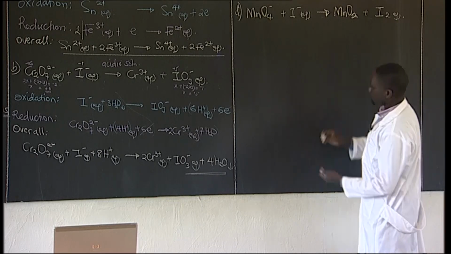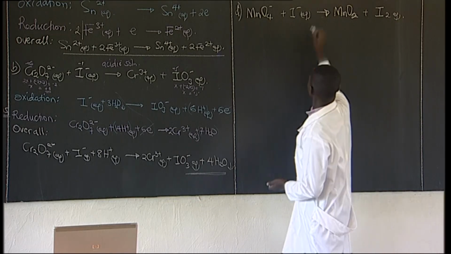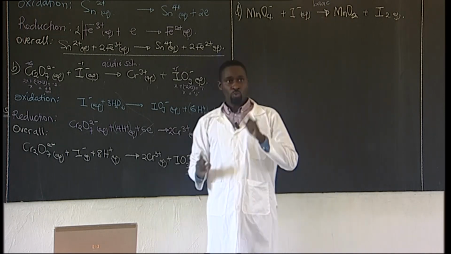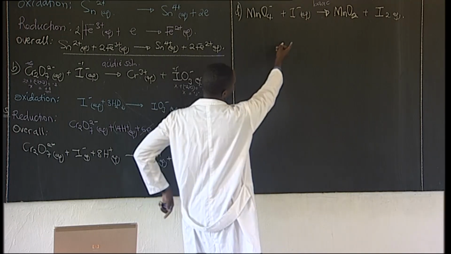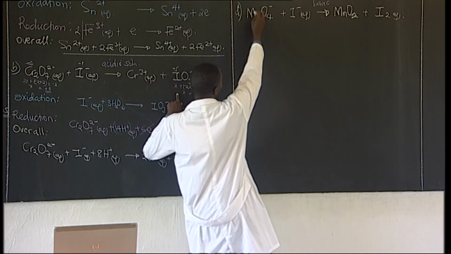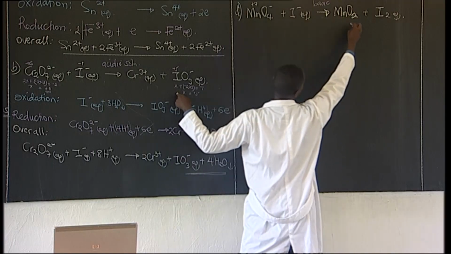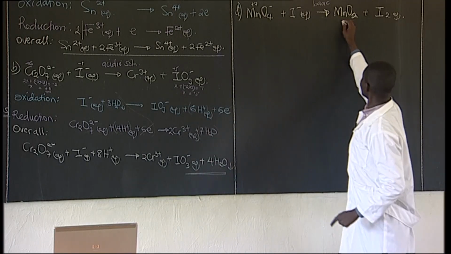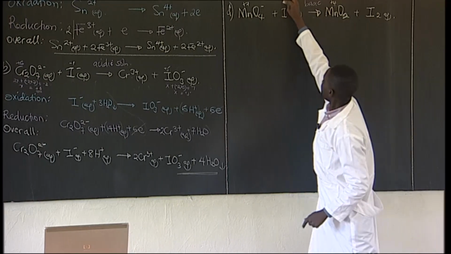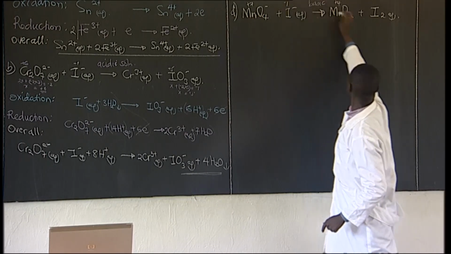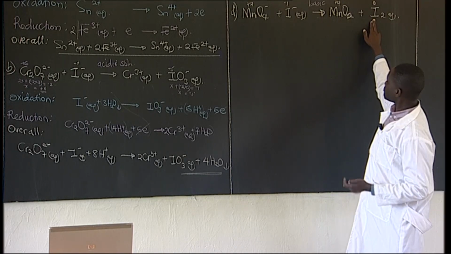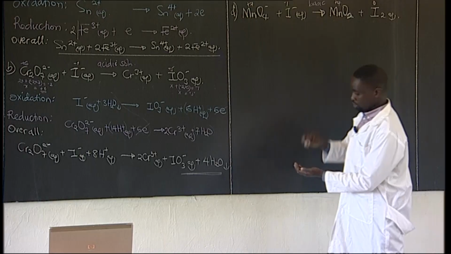Remember they are aqueous, but in this case, this is in basic, indicating we have OH. Quickly, I will not do the calculation, but it is the same. Here, this is in positive 7, manganese. This is in positive 4. Minus 1, and this is a 0. Here, it will have lost electron, will have gained electron.